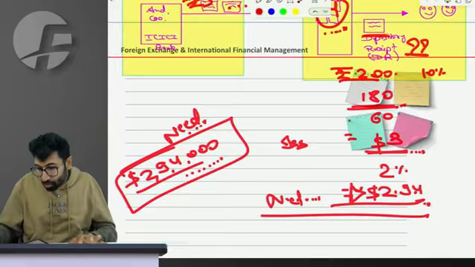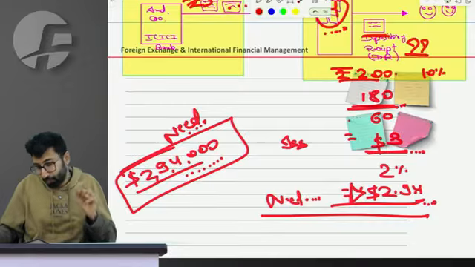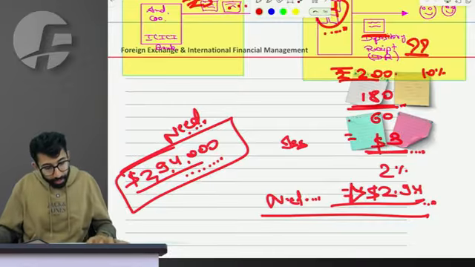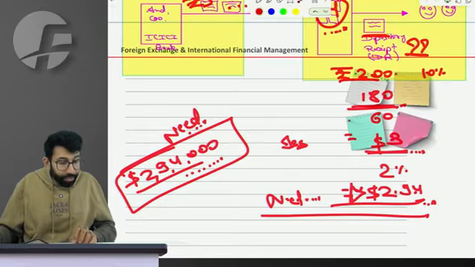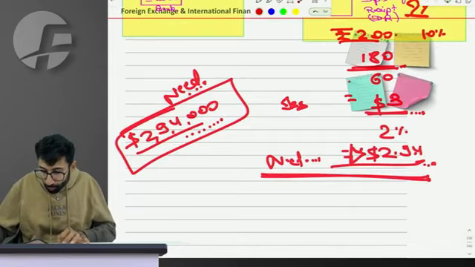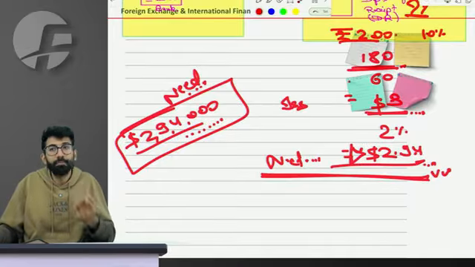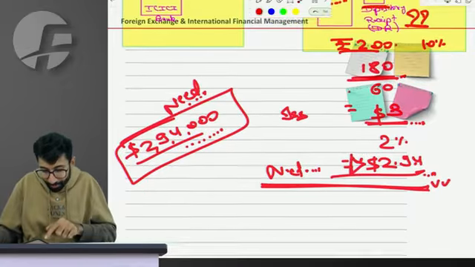Each ADR will give me $2.94. Sir, how many GDRs will you need to issue? Sir, it is 1 lakh. 1 lakh GDRs I will need to issue to be able to fund this project. That simple is going to be the question, everyone in the class.